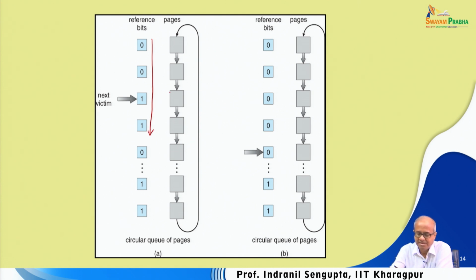Suppose this page has been selected as the victim. You find that this page has the bit set to 1. So, you set the bit to 0 and proceed with the next one, which is the victim. Like that you proceed. You give it the second chance. I am not going into much detail of this.